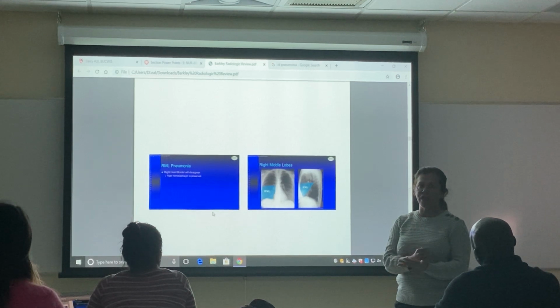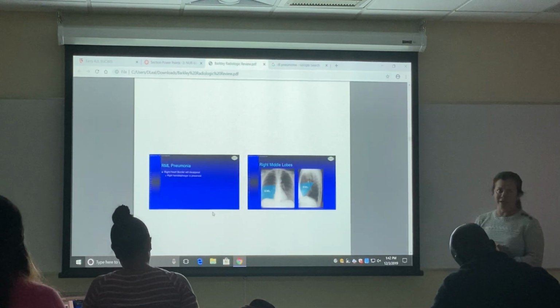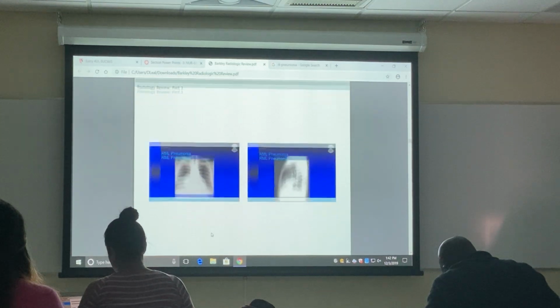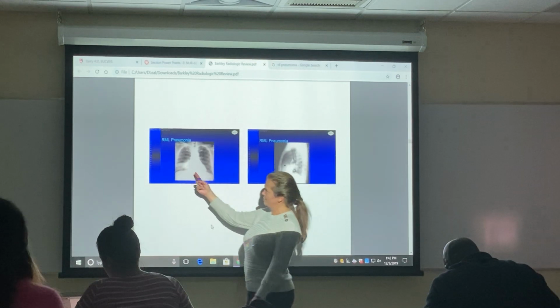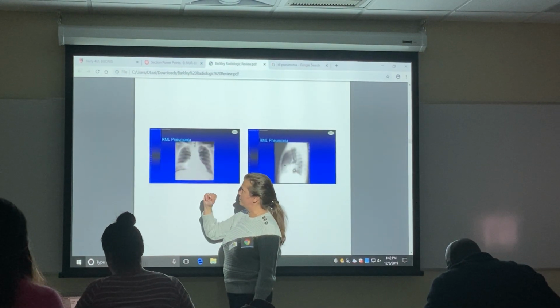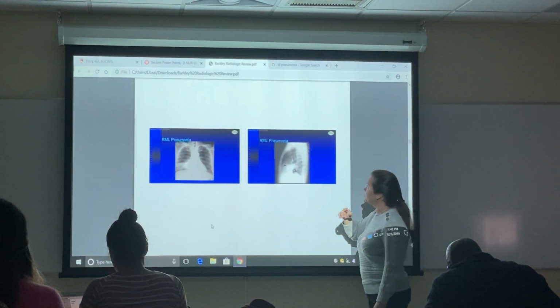If you're able to see your cardiac silhouette, you do not have right lower lobe. Okay? It has to be middle or upper. Again, if you look at an image, are you able to see the diaphragm? Yes, so therefore, right middle. Okay? If it's above the fissure, then it will be right upper.